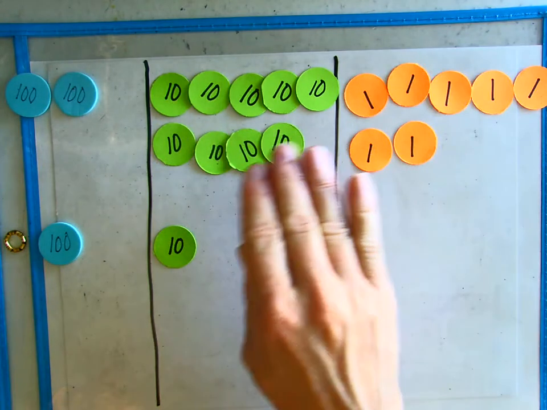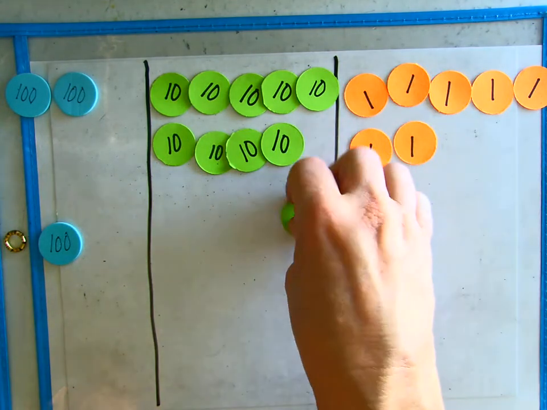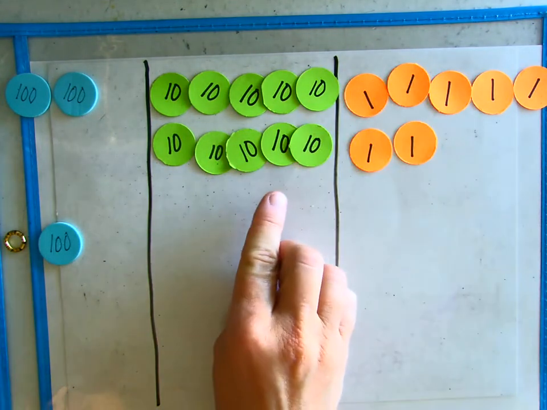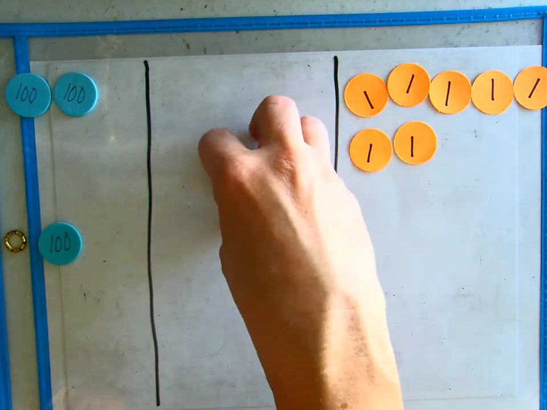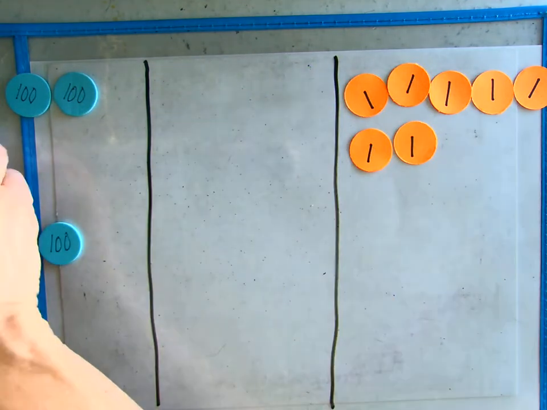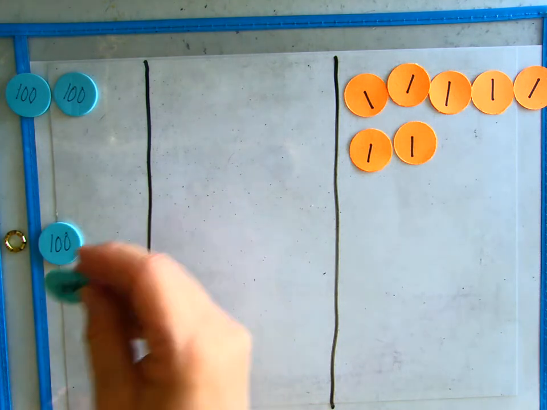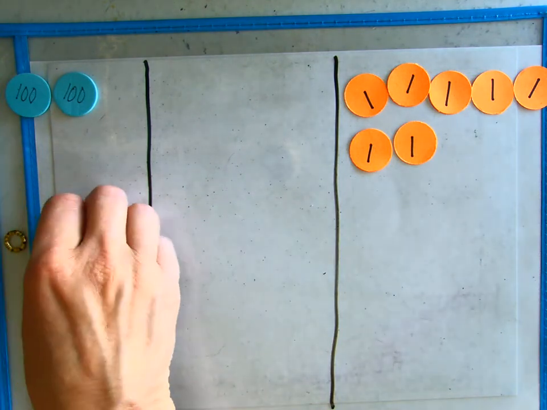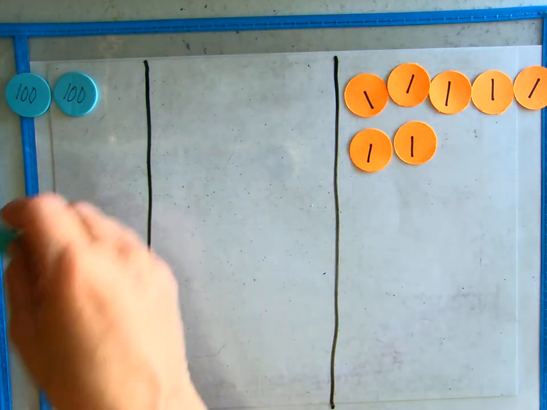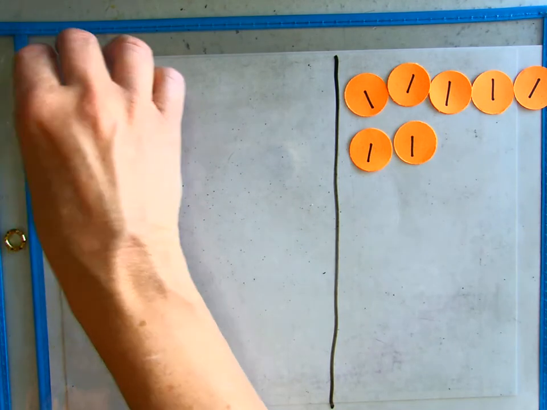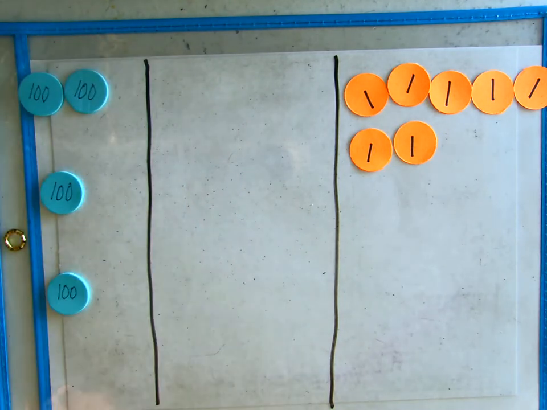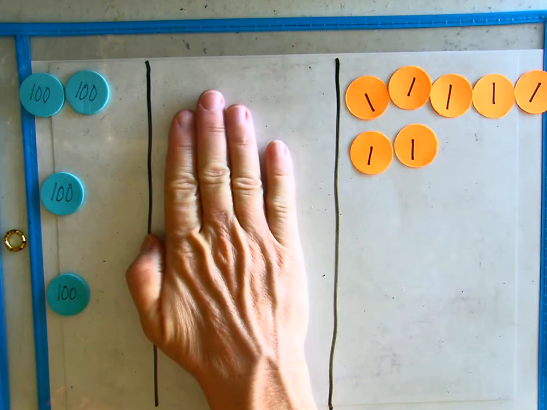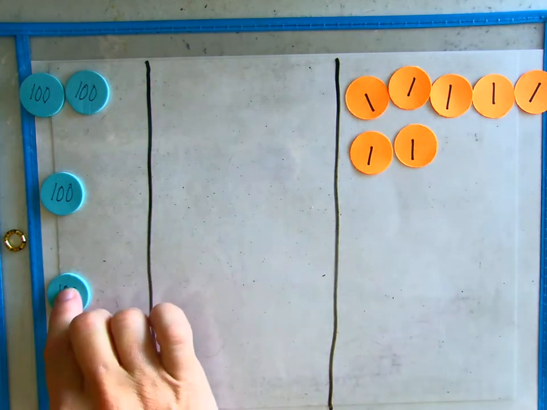So I have 9 and 1 more is 10. 10 tens is 100, so I am going to bundle up those 10 tens and trade it out for the 100 down here. I have 0 tens. I have another 100.